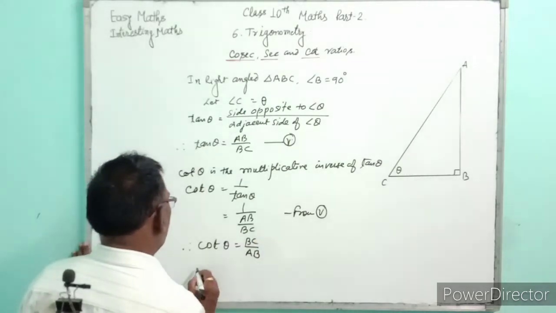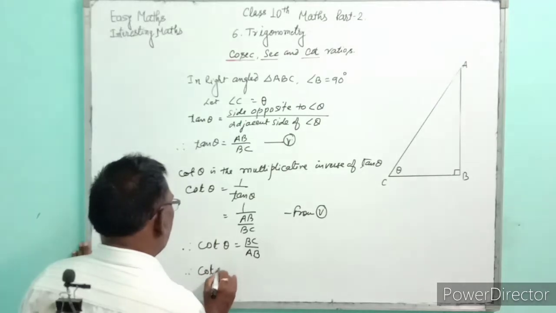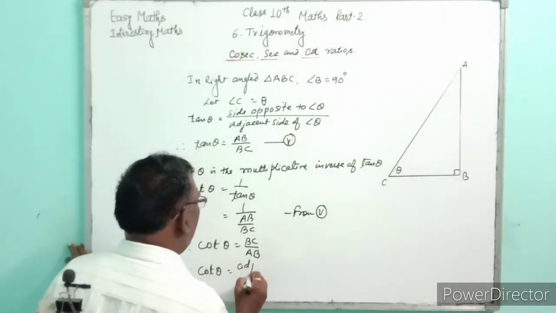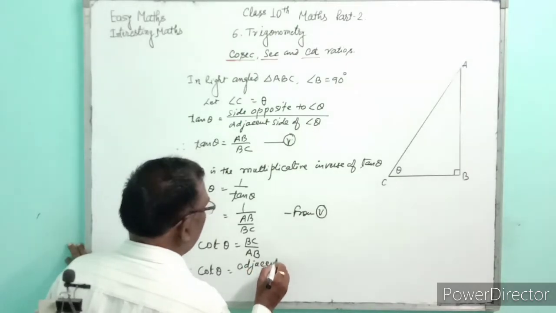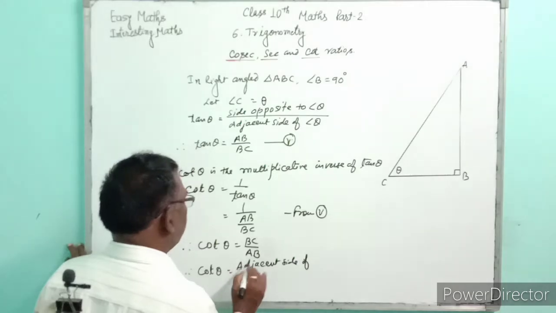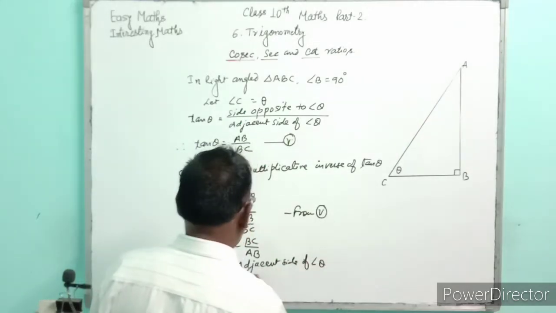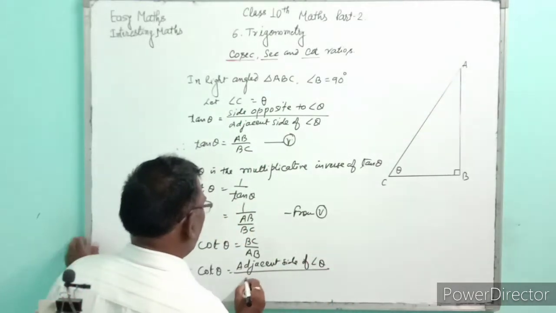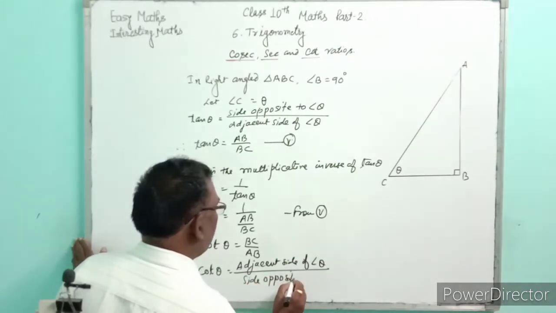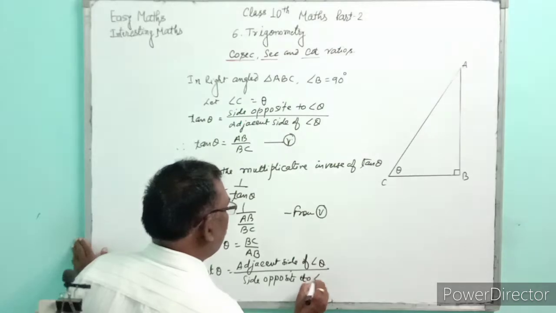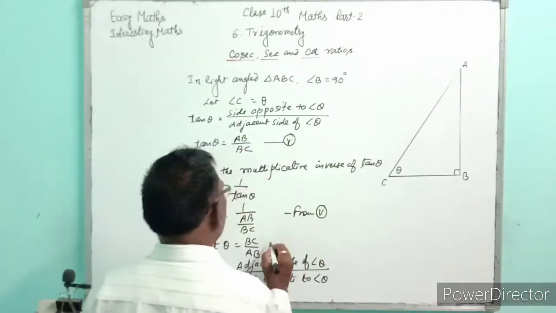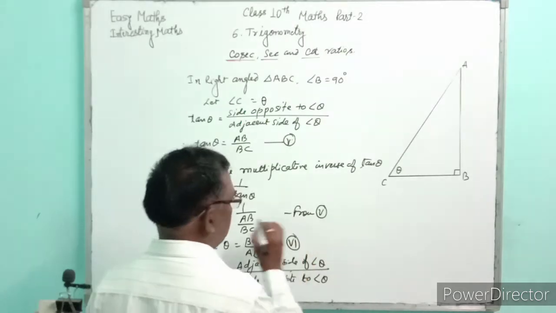Therefore, cot theta, BC is the adjacent side of angle theta divided by the side opposite to angle theta. This is equation number 6.